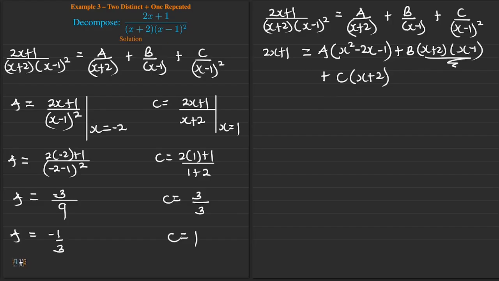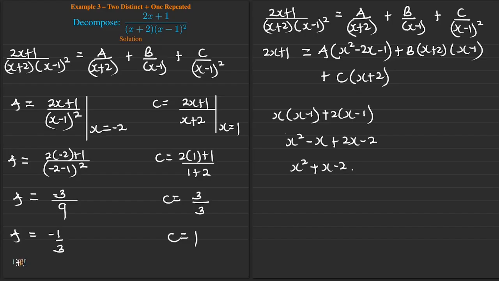Now, if we want to evaluate what we have here, we'll be getting x into bracket x minus 1, then plus 2 into bracket x minus 1. That gives us x squared minus x, then plus 2x minus 2. Simplifying further, we have x squared plus x minus 2.